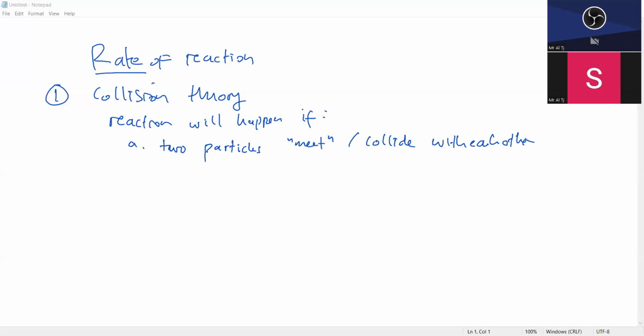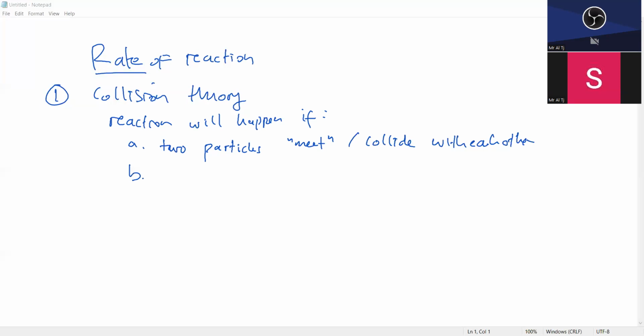And the second, during their collision, they're going to change their kinetic energy into chemical energy. They're going to stop, or at least their speed is going to go slower, and the kinetic energy is going to change into the chemical energy, which is used primarily to break the old bonds.